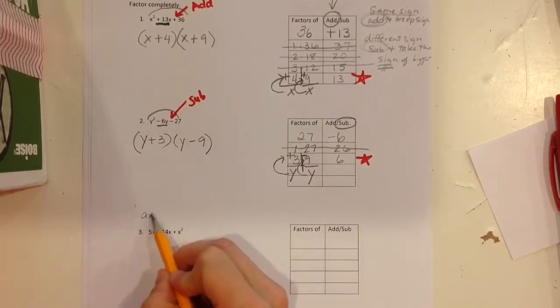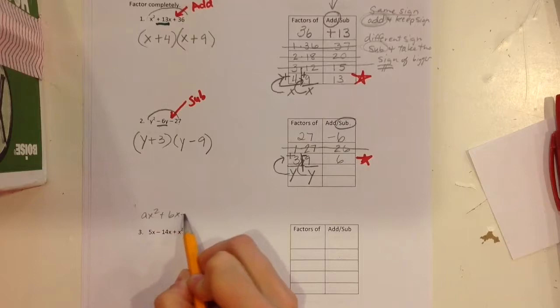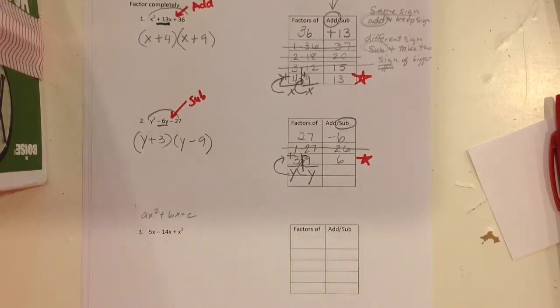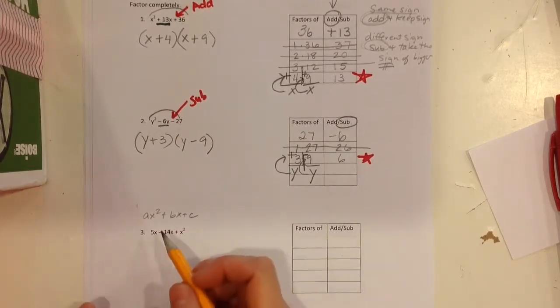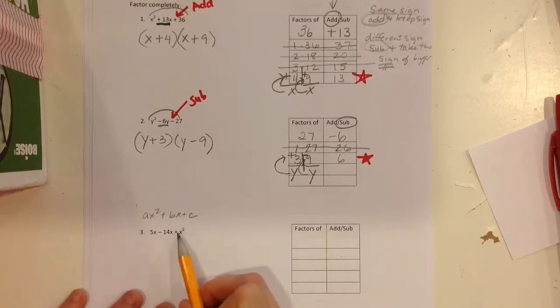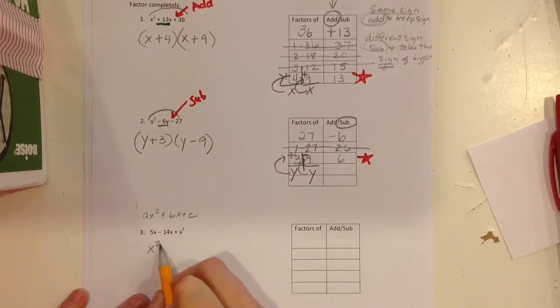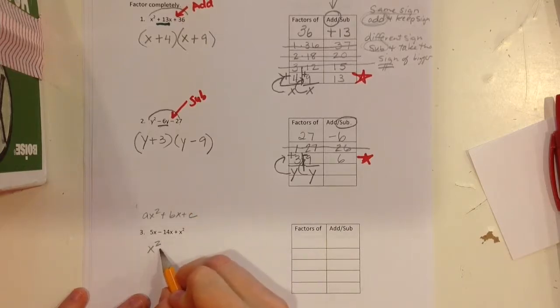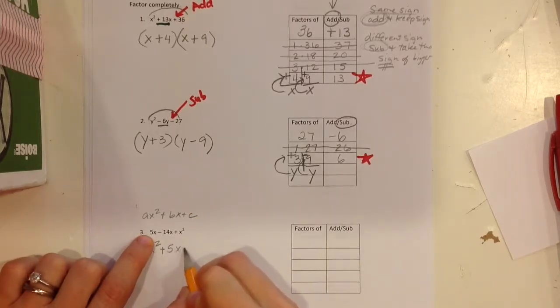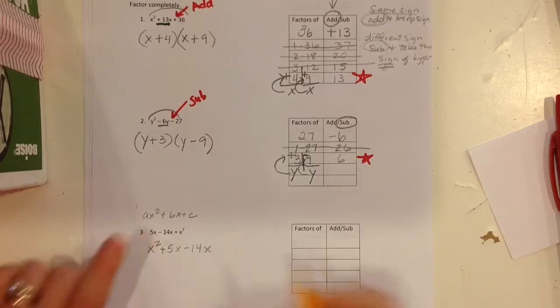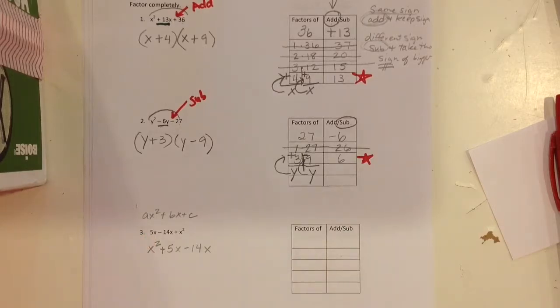Remember your ax² plus bx plus c. When you write this in descending order, you're going to have the x² first. So I'm going to write that first. So I have my x², and then I'm just going to write my 5x minus my 14x. And I'm pretty sure I should have had an x³ somewhere, but I'm not sure where it should be. So I'm just going to leave this one how it is.